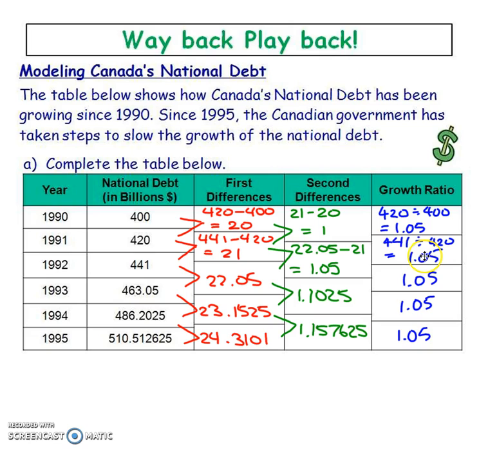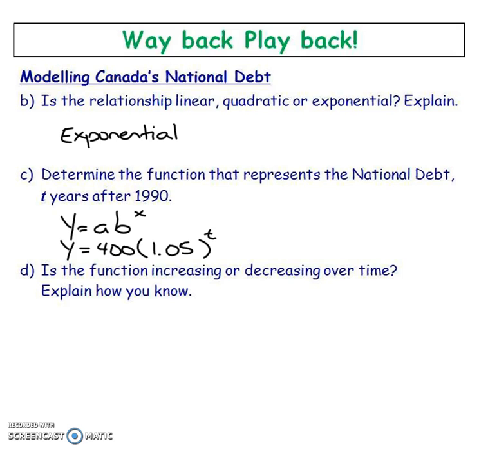Now, this blue number is your base. So we're just going to go right here. 1.05 means your debt is increasing by 5% each year. And that's how it's getting to that $420 the next year. T is going to represent your time, so that is your exponent.